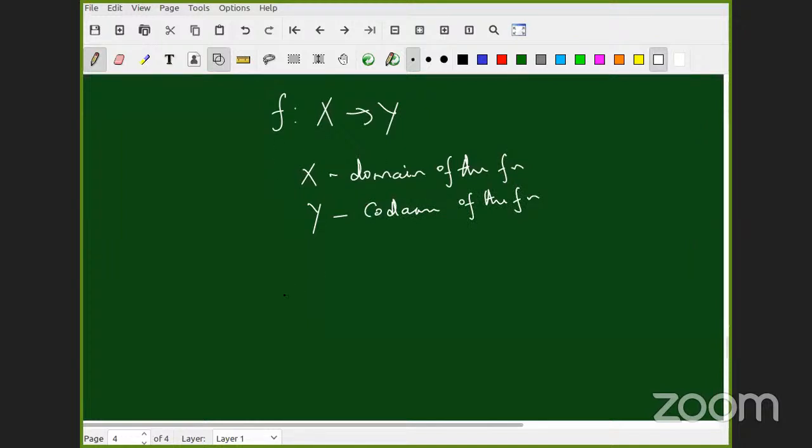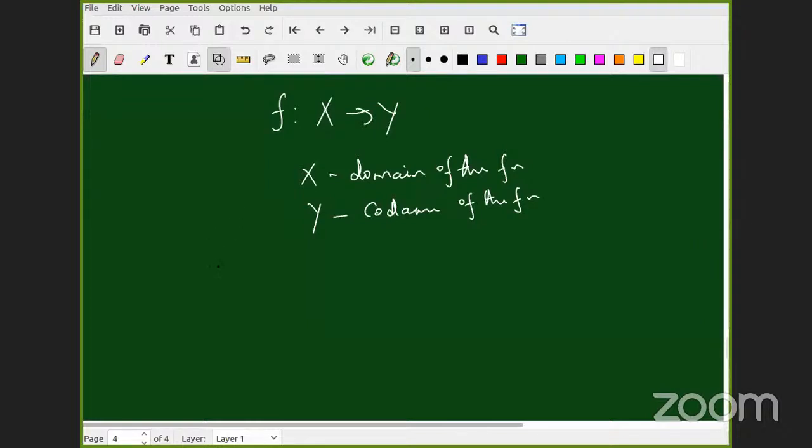It's a rule. So how many of you can say what a function is? How many of you can define what a function is? Yeah, quick, just your idea of understanding. Yeah, Aditi.